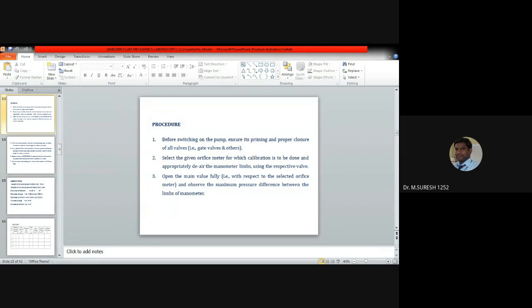Can anyone respond, is it visible? Sir, the procedure slide is visible now. Earlier the venturi meter diagram was shown, and in between that diagram and the procedure no slides were moving. Now you can see, but on my system the slide is moving.